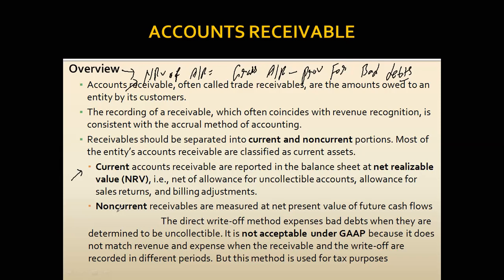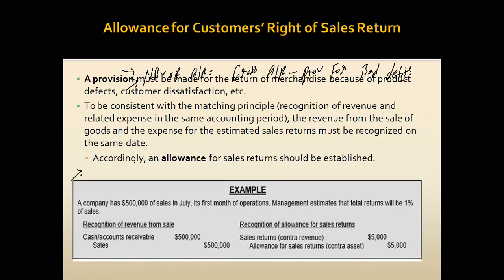And why do we need to do this? We use the provision method just to make sure of the implementation of the matching concept. You remember in our previous lectures we already discussed that the matching concept says that expenses must be recorded in the same period in which they created the benefit for us.